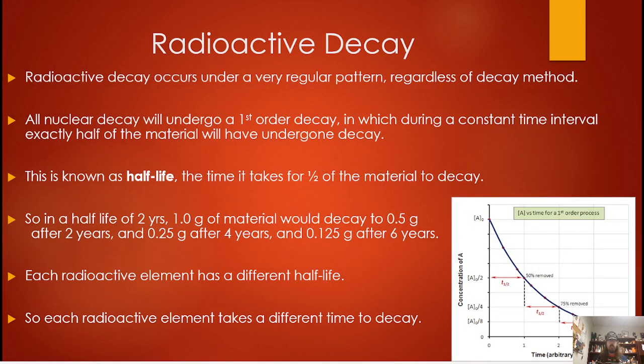The idea here is that radioactive decay occurs under a very regular pattern, regardless of the decay method, whether it's alpha, beta, gamma, positron, electron capture. It's a very regular pattern because, unless we're doing some sort of outside nuclear transmutation, this is always a first order process.